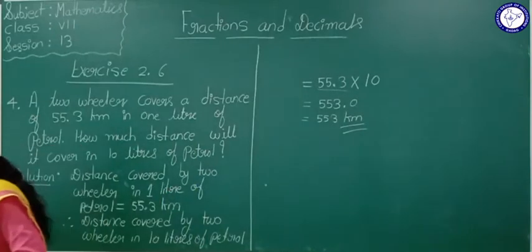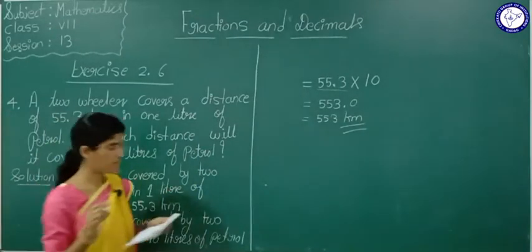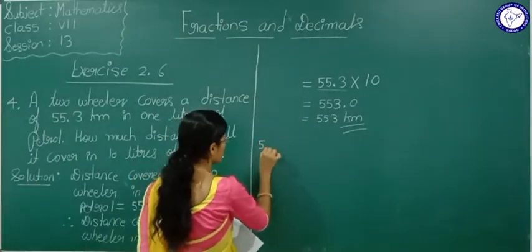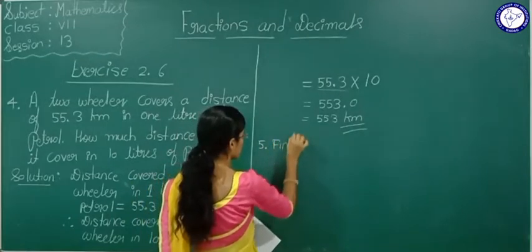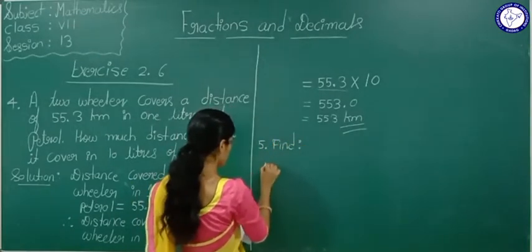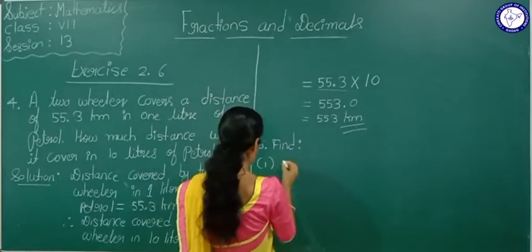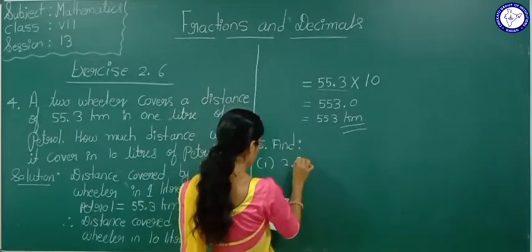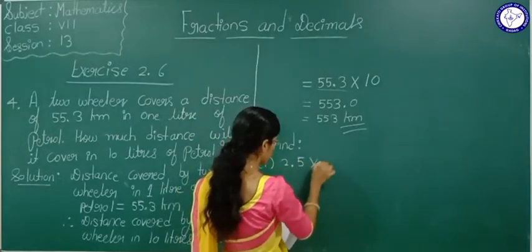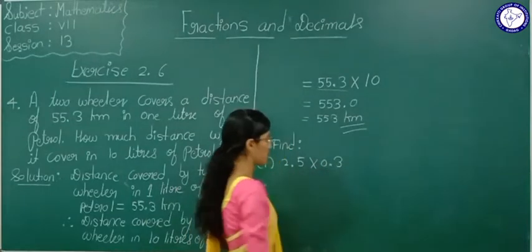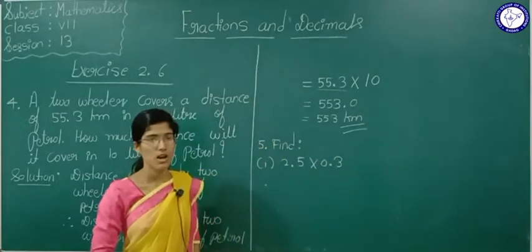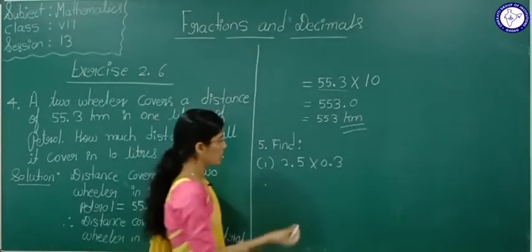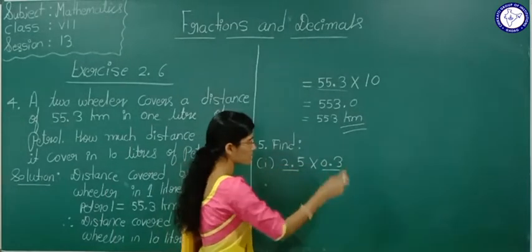Now we will see the fifth one. Only two we will solve here. 2.5 into 0.3. Now see students, how I told you to multiply a decimal number with a decimal number.